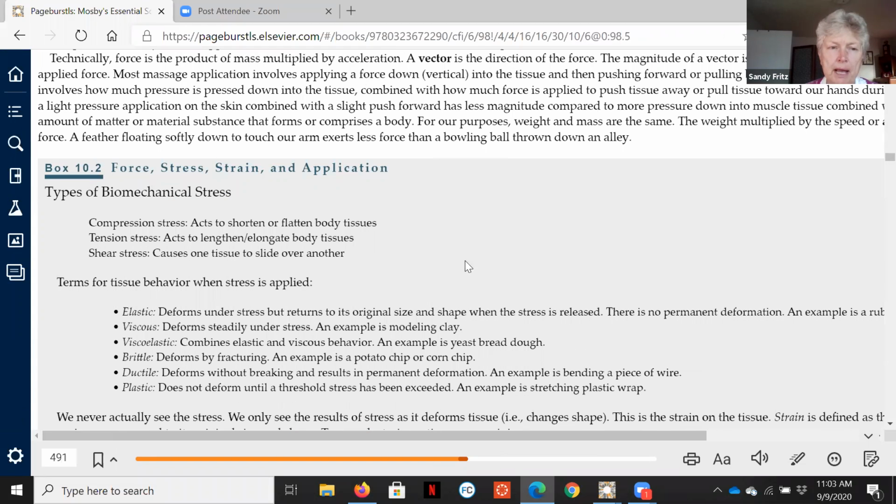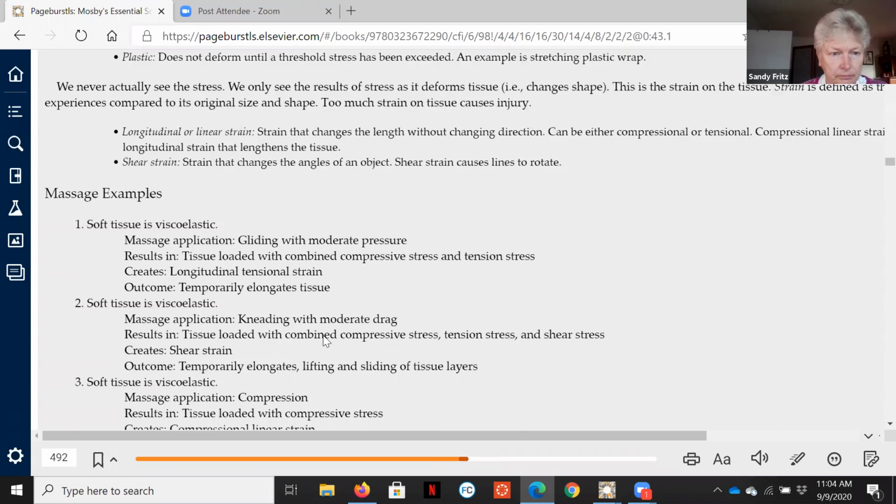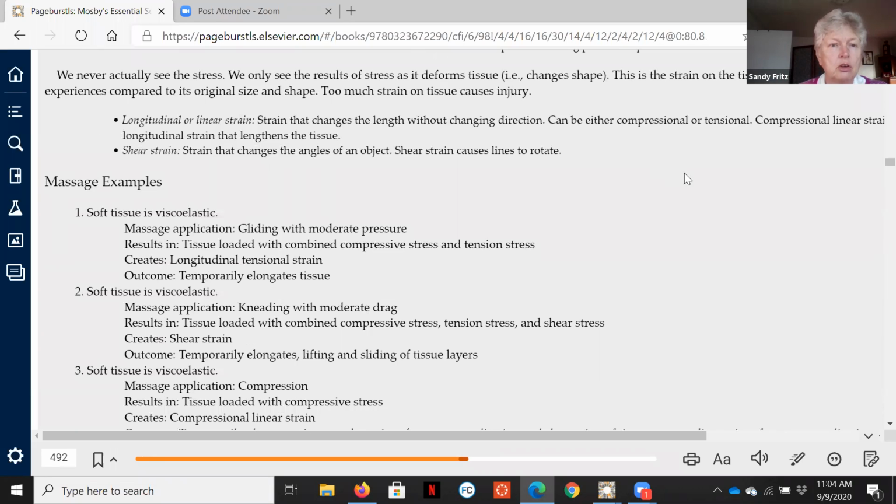So if you go back and look at Fundamentals of Therapeutic Massage, we talked about how the application of massage causes these various stresses on the tissue. So this is trying to give you some context here.